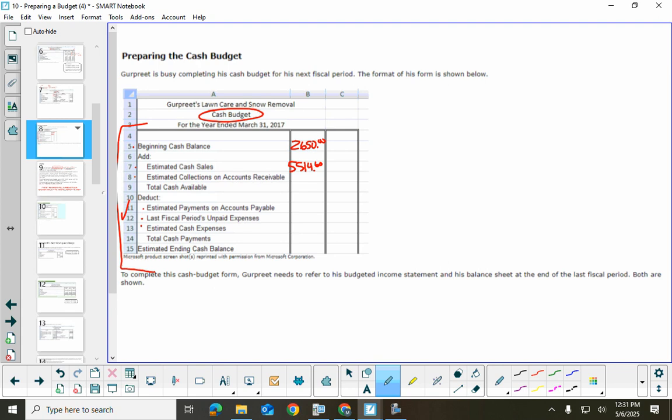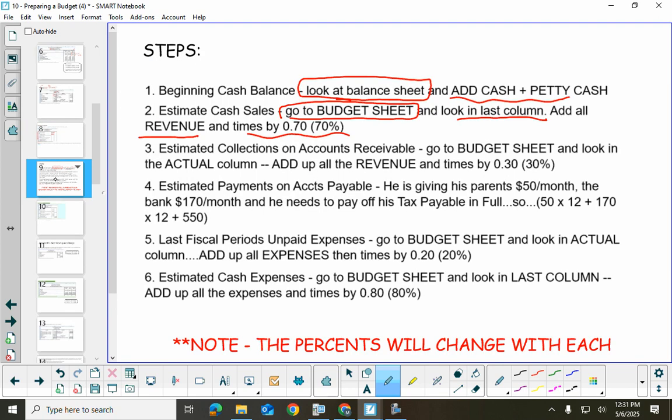Next step, estimated collections on accounts receivable. So this is what we're thinking people are going to pay their bills, right? These are people that owe us money. So this is what we're going to estimate. We're going to go to the budget sheet again. We're going to look in the actual column this time. And we're going to add up all the revenue and times it by 30%.